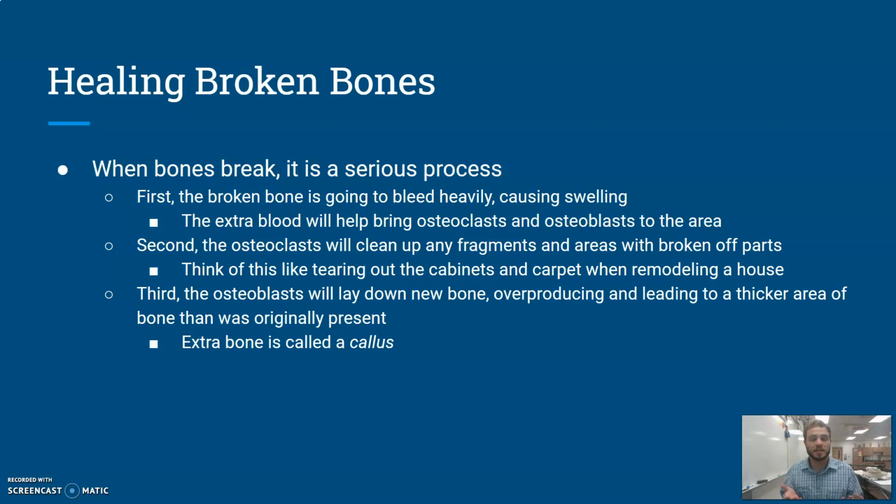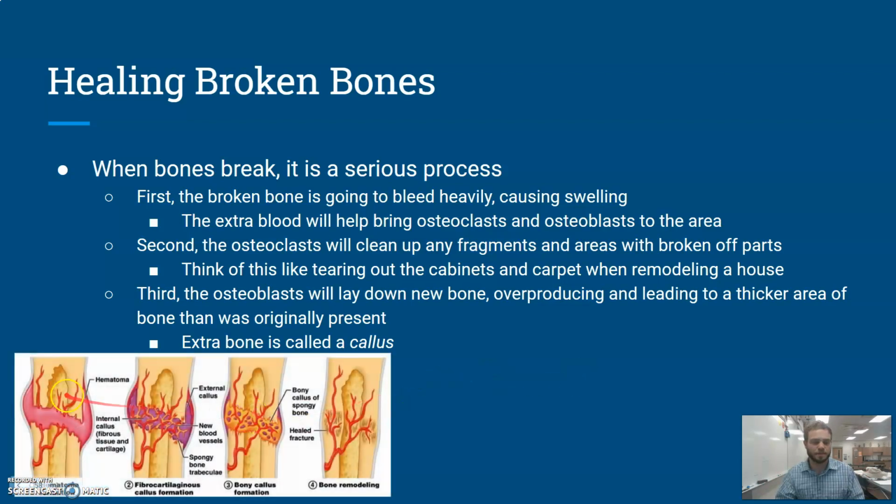I mean, you can actually see this on x-rays not too long after the healing process has occurred. Eventually, though, that callus will be torn down by osteoclasts and return the bone back to generally the shape it was prior.